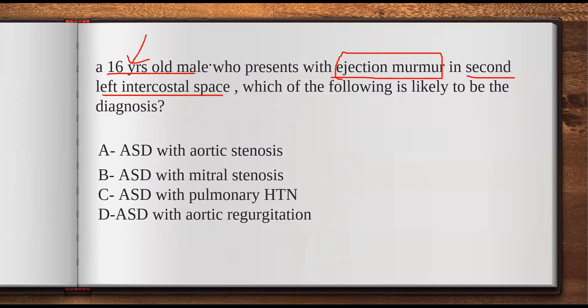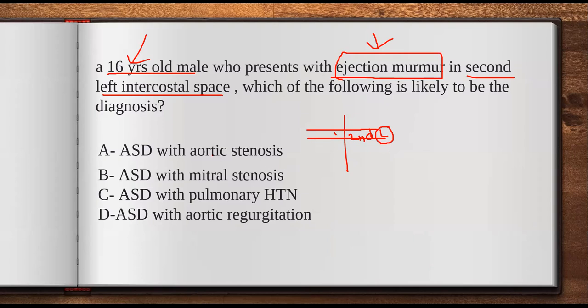First of all, it's a male and age is 16 years, and having an ejection murmur in the second left intercostal space. Let's assume this is the second left intercostal space. If it is the second left intercostal space, then what would be your most likely diagnosis?